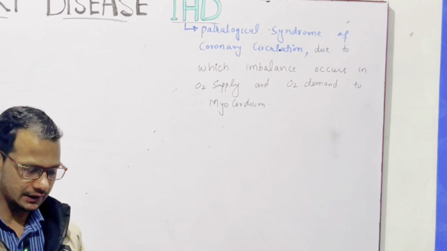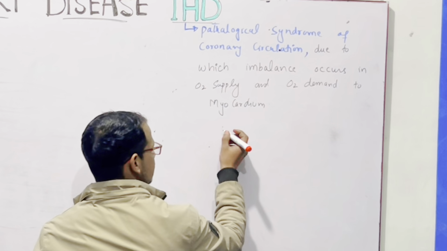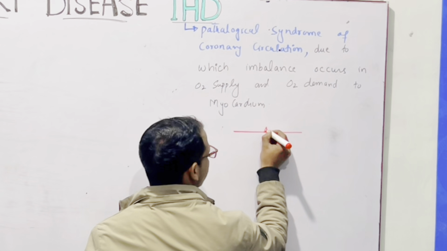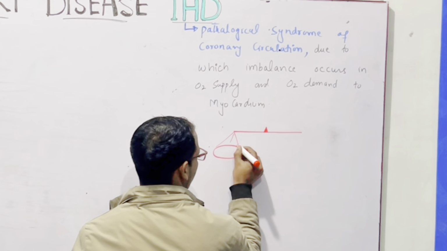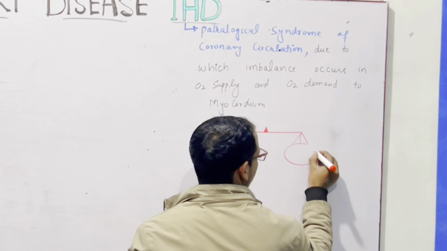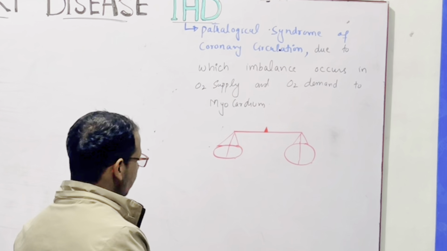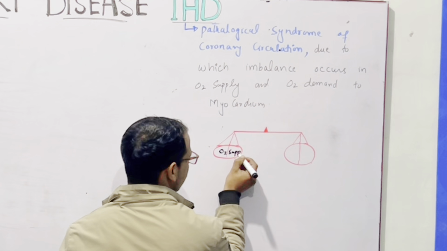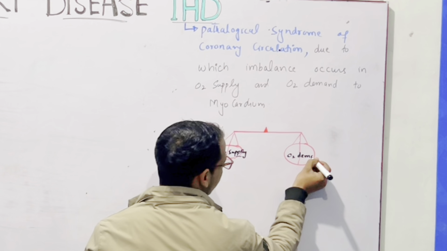Mainly in adults, normal males and females, there is a balance. For example, we have a scale here. In normal conditions, oxygen supply is balanced to oxygen demand.